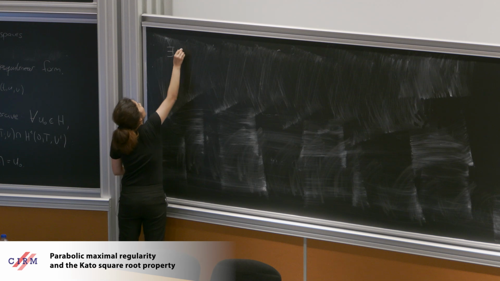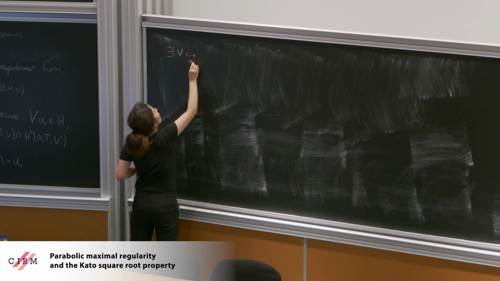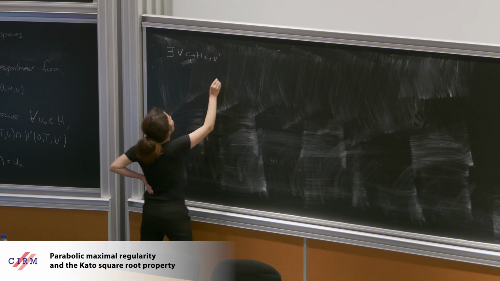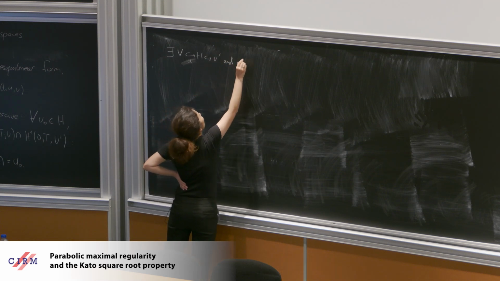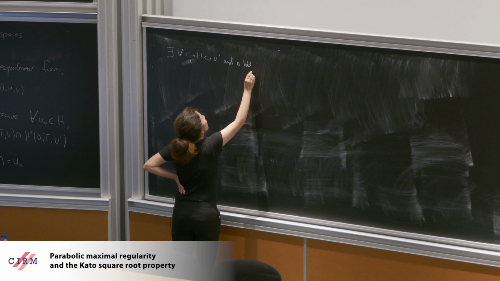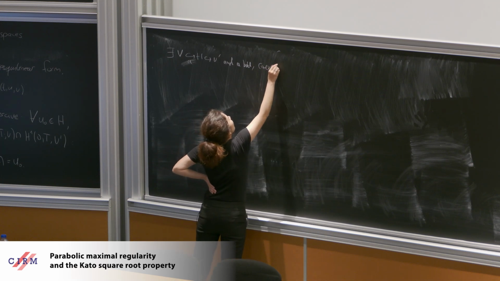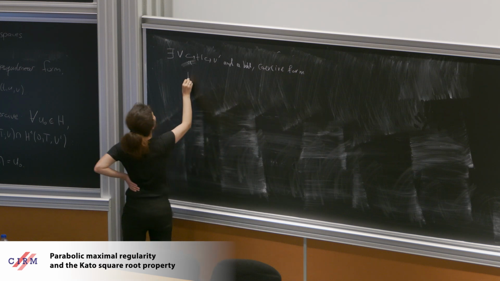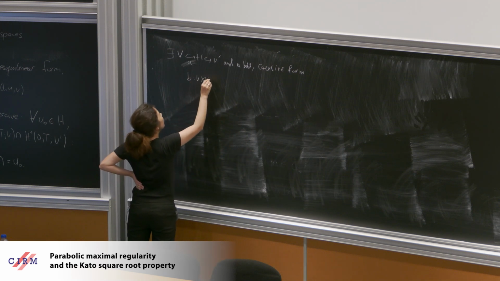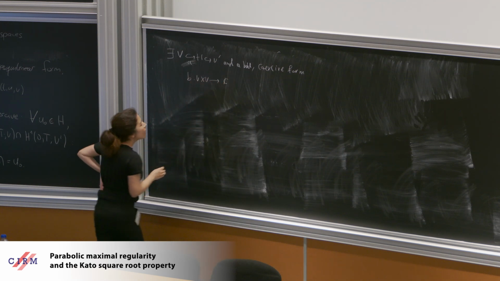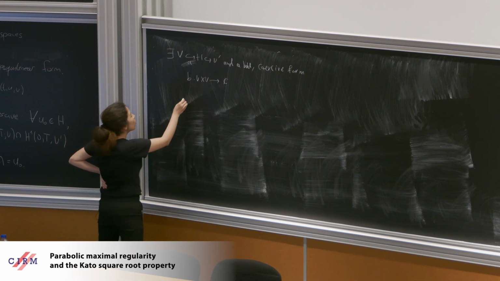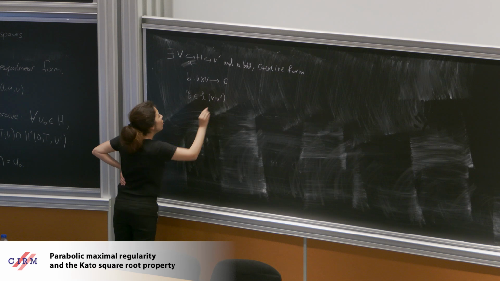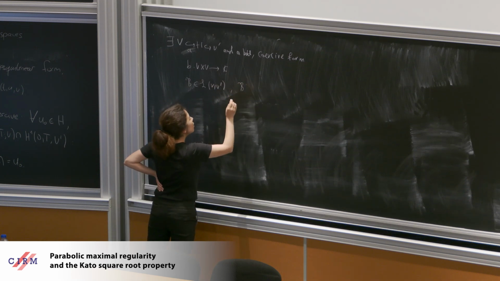There exists a Hilbert space V embedded densely in another Hilbert space H, and a bounded coercive form, let us call it B, on V. And then again, I will denote the associated operator curly B, which is a bounded operator between V and V prime.